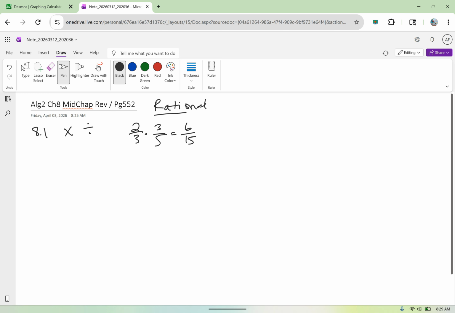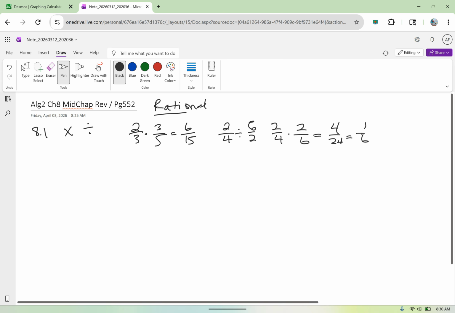When we divide fractions, that is to multiply times the reciprocal. I flipped the second. Reducing, I'm not sure how much reducing we're doing here with our fractions, but in any case, we do need to.